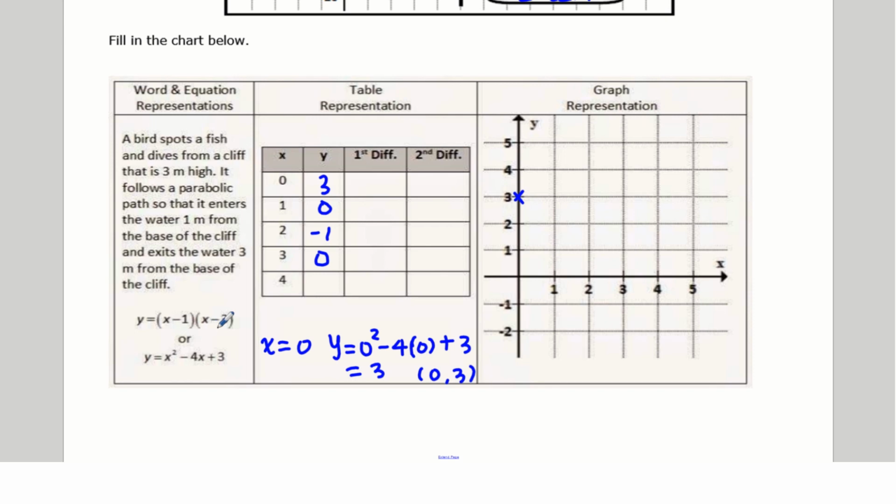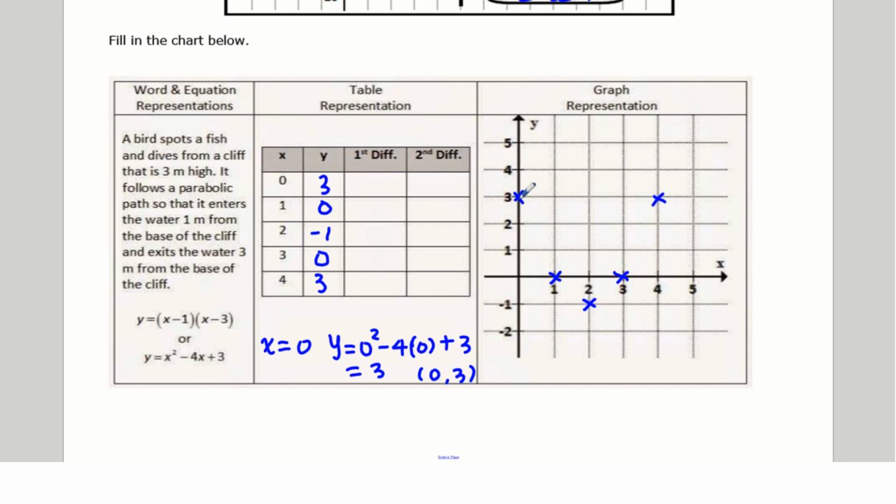For 4: 4 minus 1 times 4 minus 3 gives you 3 times 1, which is 3. So we have these 5 points. Then we could graph it. At x equals 1, y is 0, at 2, y is -1, at 3, y is 0, and at x equals 4, y equals 3.